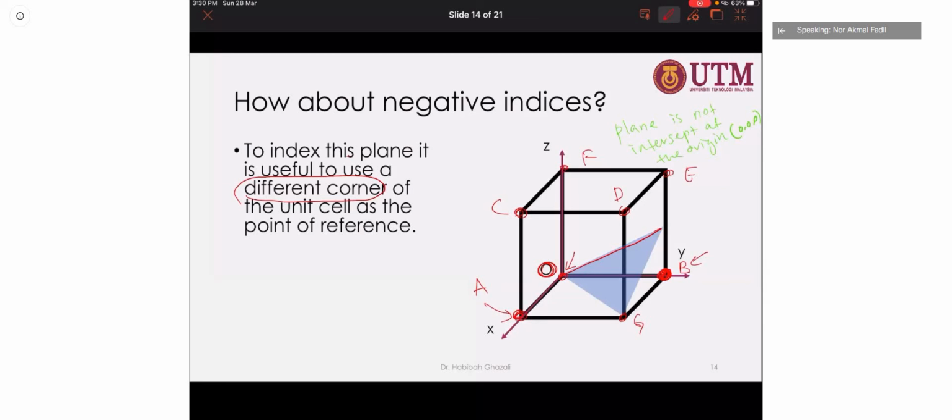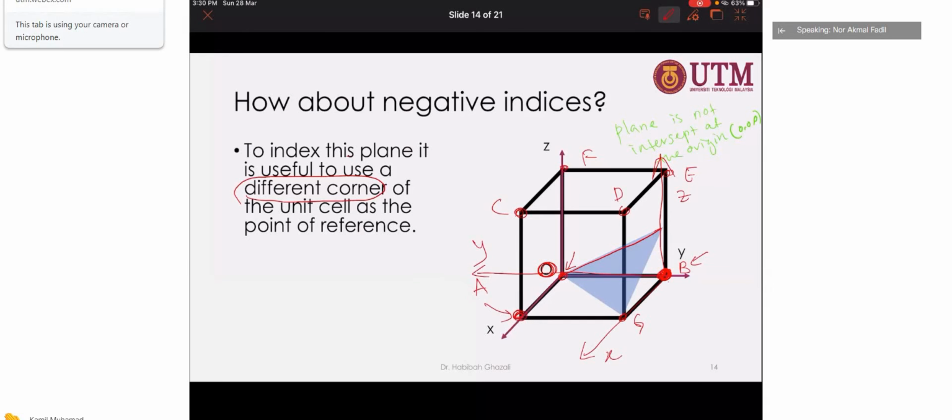If you select G, it is crossing the origin, so you cannot use G. If you use A, it is only crossing in the Y and X directions, but not Z, because the plane is not crossing this Z axis.